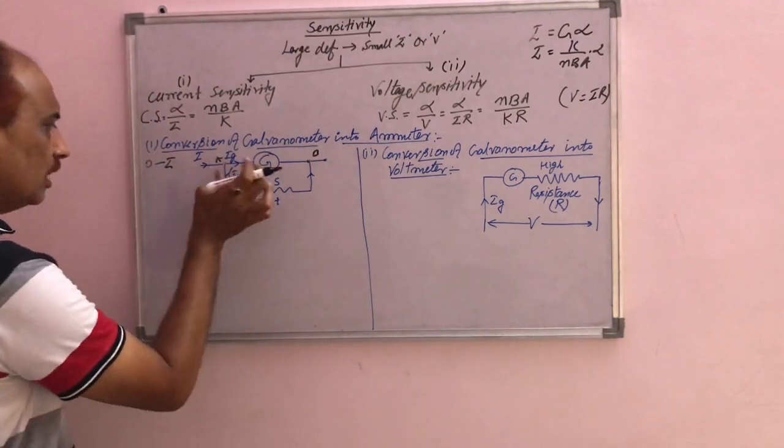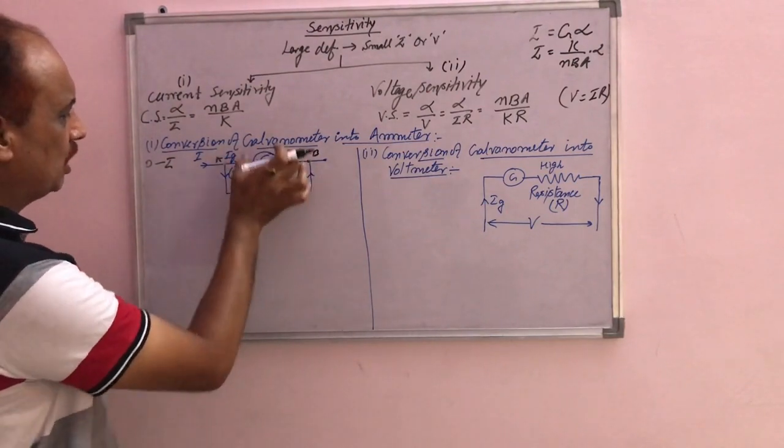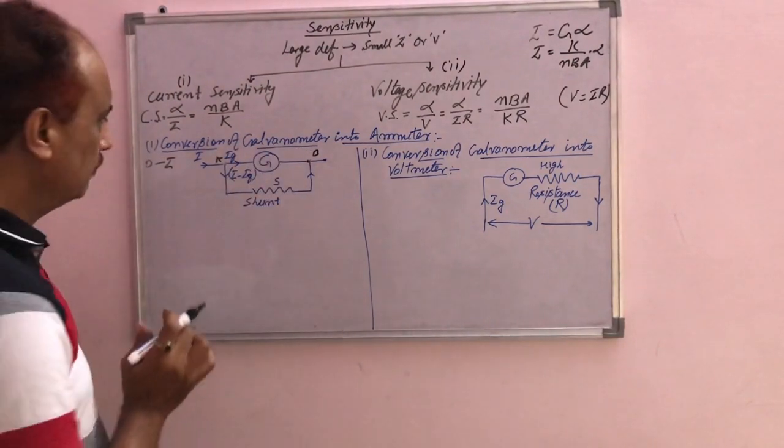In a parallel situation, the potential produced between A and B will be equal in both arms.